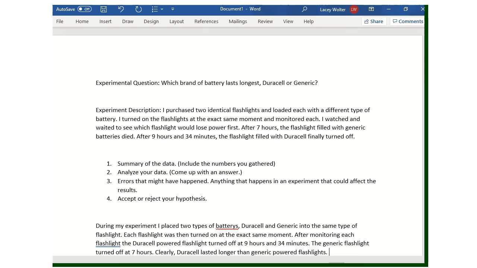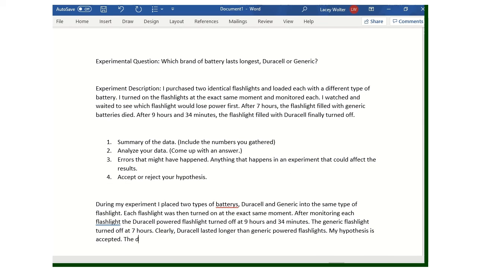So maybe at the beginning, I thought that, well, you must be paying more for Duracell, so it probably is going to last longer. I would say something along the lines of, my hypothesis is accepted. The Duracell battery lasted 2 hours and 34 minutes longer than the generic.